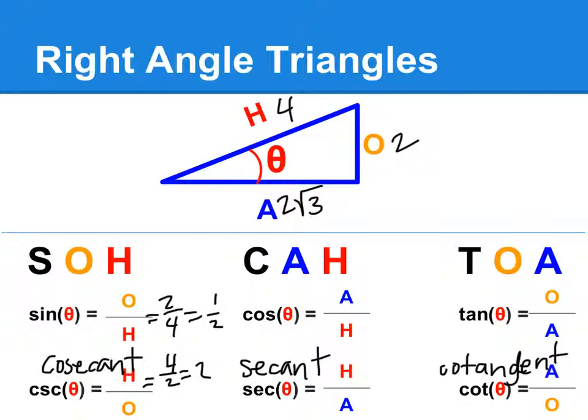Cosine was square root of 3 over 2. Secant would be hypotenuse over adjacent, so 4 over 2 square root of 3, or 2 over square root of 3. You're going to start to notice the patterns that cosecant is just the inverse of sine. Secant is just the inverse of cosine. And cotangent is actually just the inverse of tangent as well.